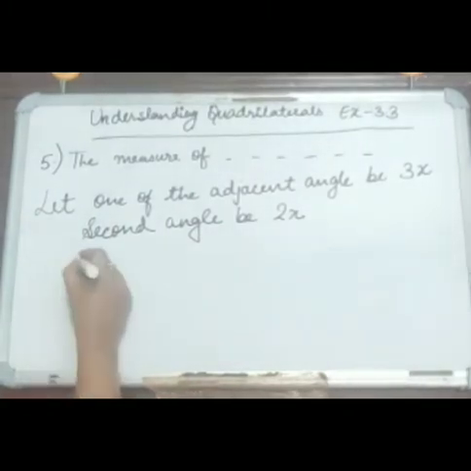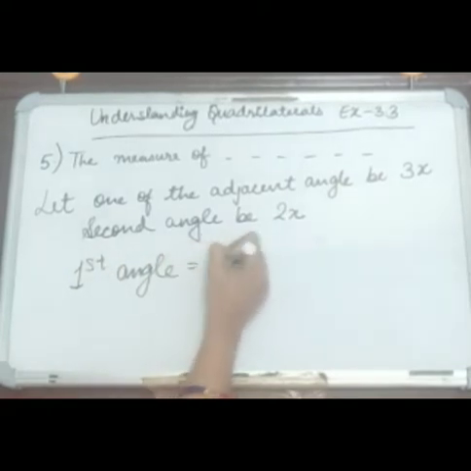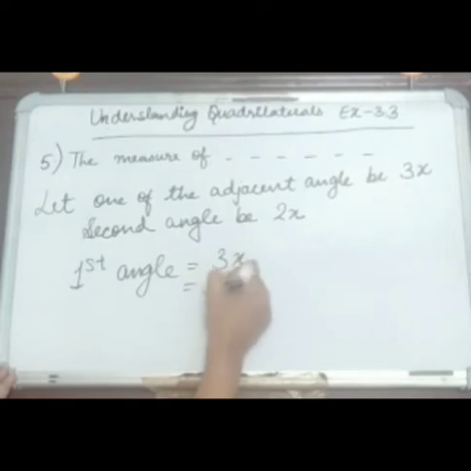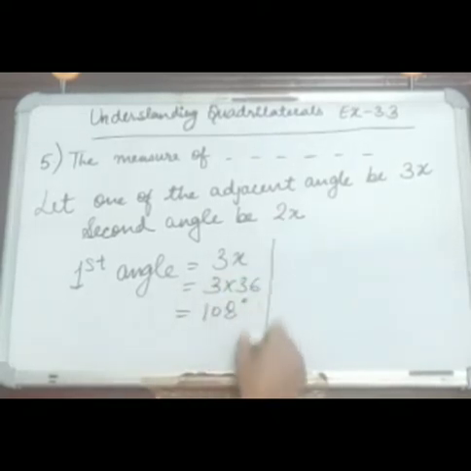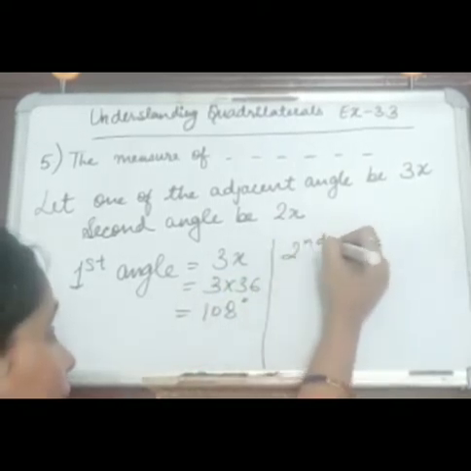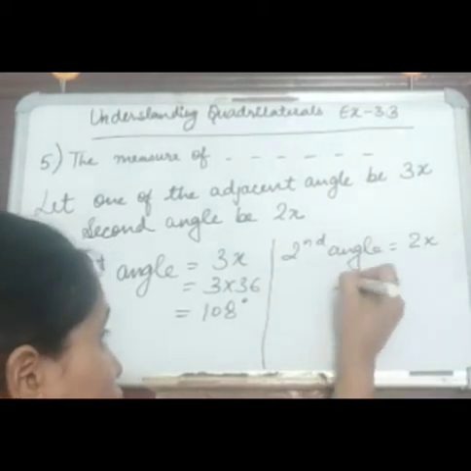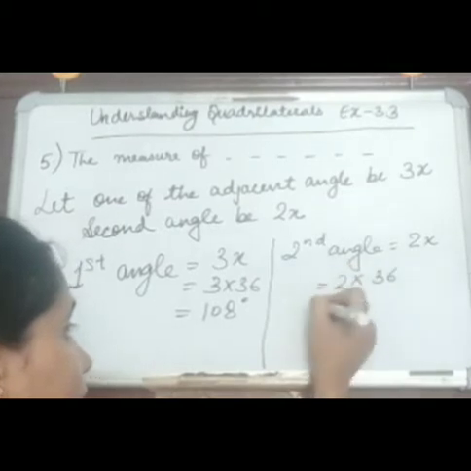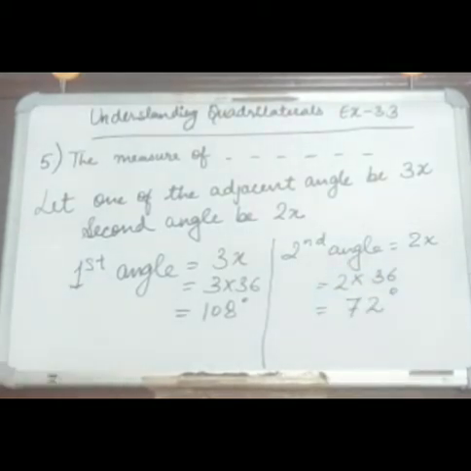First angle is 3x, that is 3 into 36, so 3 6s are 18, 3 3s are 9 and 1, 108 degree. And second angle is 2x, so 2 into 36, 72 degree.